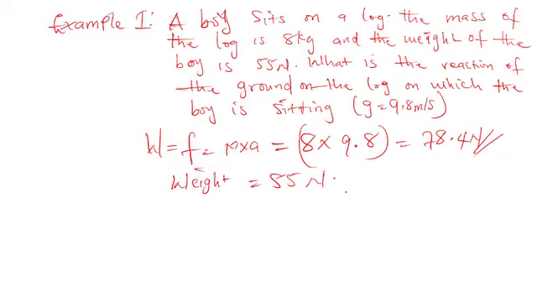Now, in order for us to get the reaction of the ground towards the log, what we need to get is the action of the boy and the log on the ground, since action and reaction are equal but in opposite directions. So we add the weight of the boy and the weight of the log. We have 55 plus 78.4, which gives a total of 133.4 Newton.